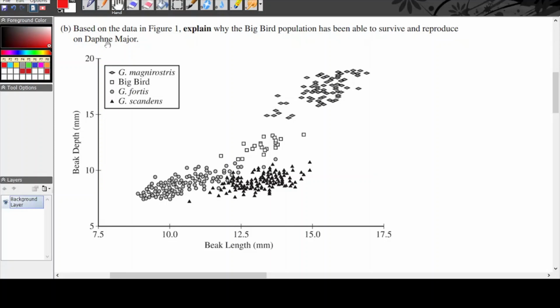Part B is, based on the data in figure 1, which is this figure, explain why the big bird population has been able to survive and reproduce on Daphne Major.